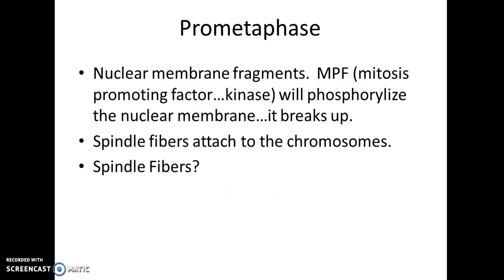In prometaphase, the nuclear membrane fragments. How? Well, M phase promoting factor that we talked about before will also add phosphates to the nuclear membrane, and it will break up. The spindle fibers from the centrosome will connect to the chromosomes. And you're asking yourself, spindle fibers?